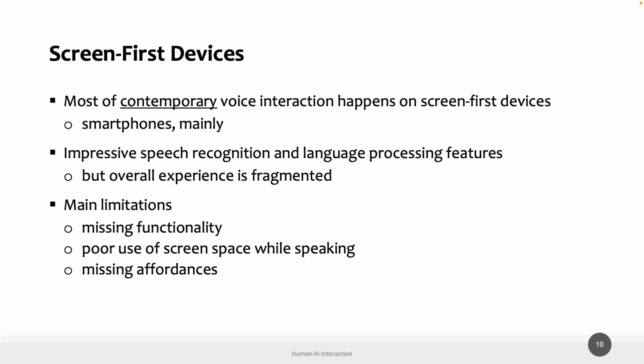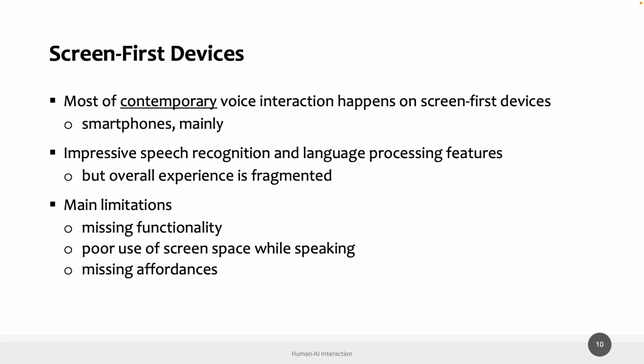So we have devices on which voice interaction works well, and others on which it's more difficult. So Siri does things in a way, while Google Assistant does things in another way. And so there is no uniform layer here.